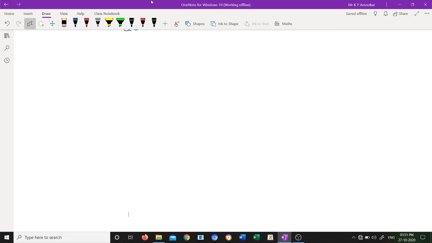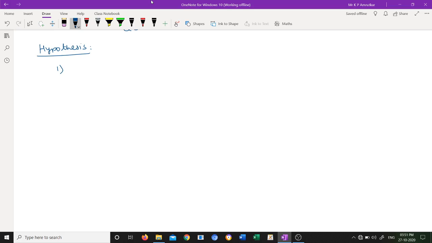Now we are going to see the statistical analysis of two-way ANOVA or two-factor ANOVA. In this, the first one is hypothesis. So there will be two hypotheses.